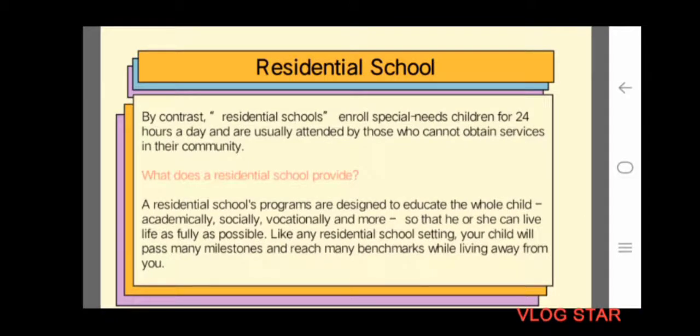So next is the residential school. A residential school, by contrast, enrolls special needs children for 24 hours a day, and they are usually attended by those who cannot obtain service in their community. This is a kind of school that was specially made for deaf and hearing impaired children.